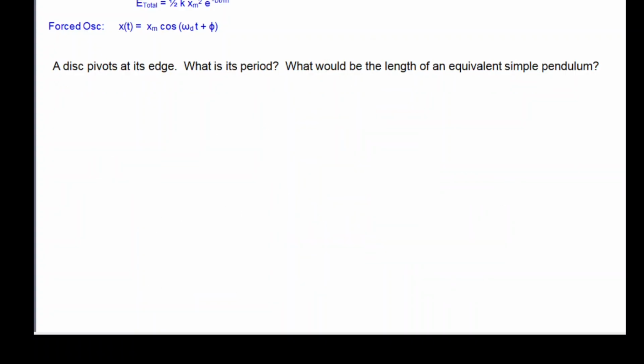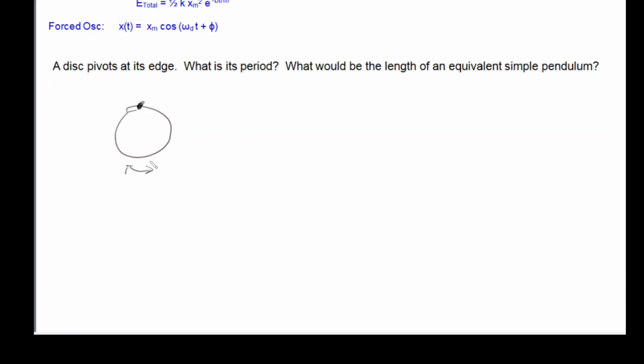Here's another problem. A disk pivots at its edge. What is its period? What will be the length of an equivalent simple pendulum? So we have a disk, and it's pivoting on its edge, going back and forth.